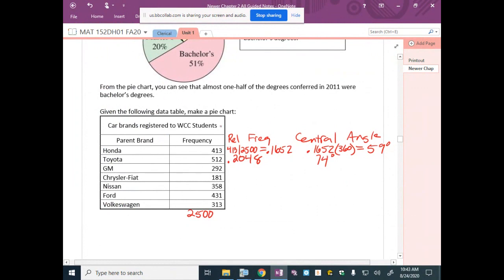So GM, that's going to be 42 degrees. Chrysler, Fiat, they're pretty low. Well, one time Jeep was owned by Chrysler. I don't know who owns Jeep anymore.